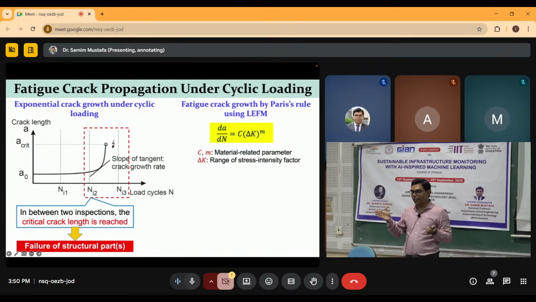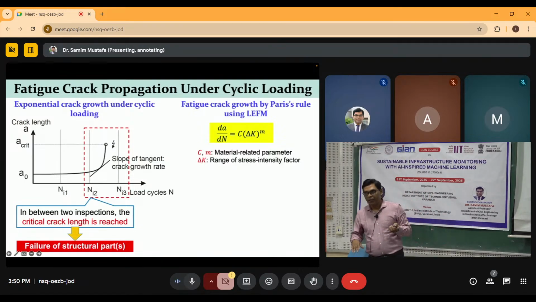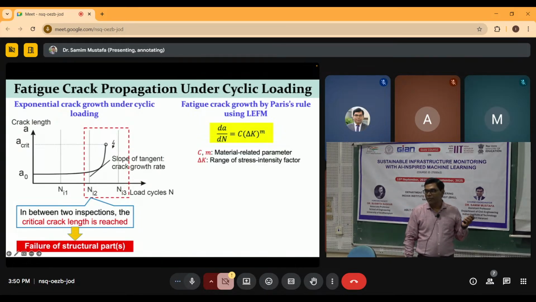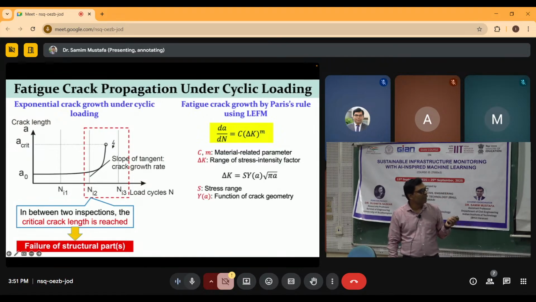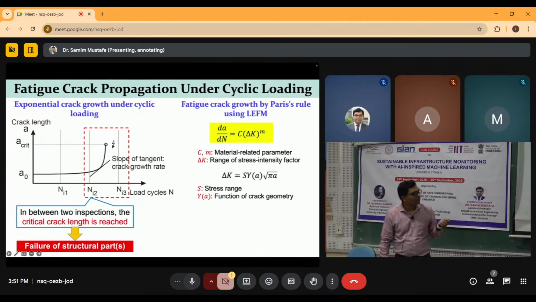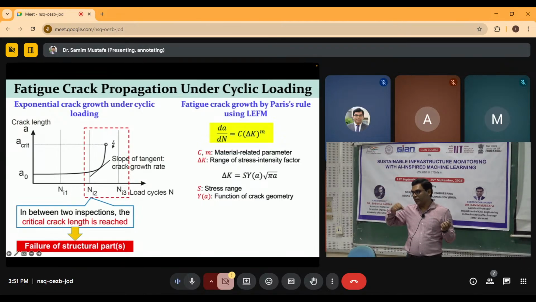They vary: for steel it is defined, for aluminum it is defined, for wood it is defined, for concrete it is defined. So for each material you need to identify what is the C, what is the M, okay, those are constants, and delta K is the range of stress intensity factor, which is given in the form of a function of crack geometry. So this is to determine the increase of fatigue crack growth.